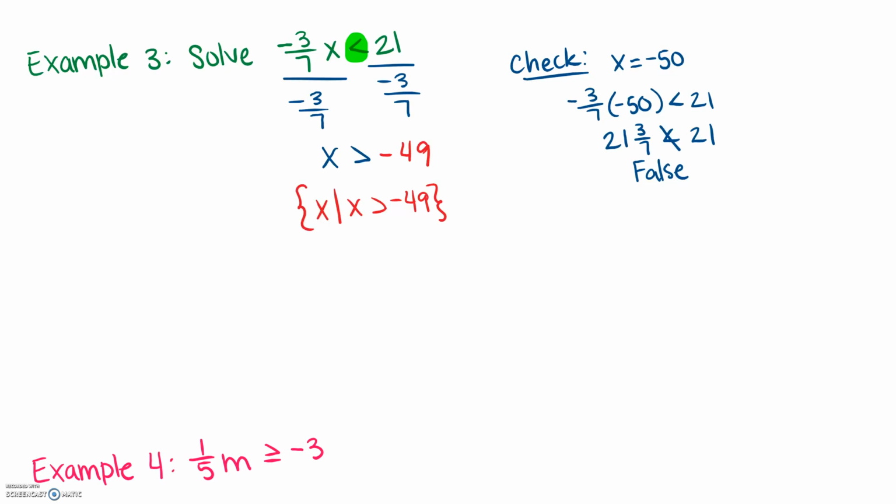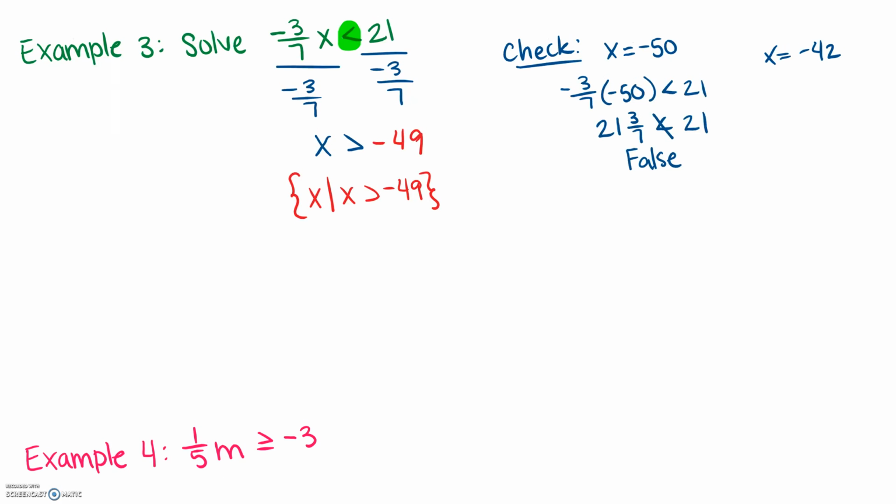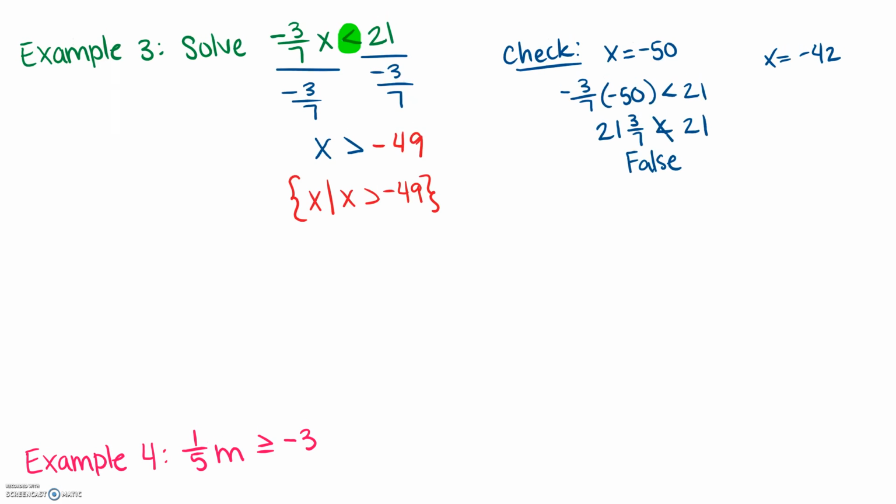So that does not satisfy our inequality. Well, let's check one that is, in fact, greater than negative 49. How about x can be negative 42? So if we check it at negative 42, I'll have negative 3/7 times negative 42 should be less than 21.